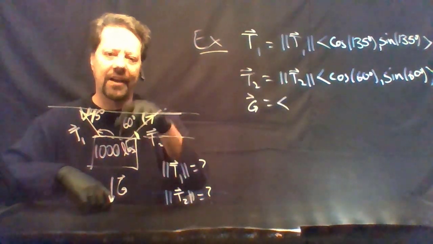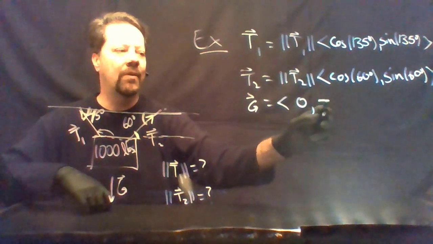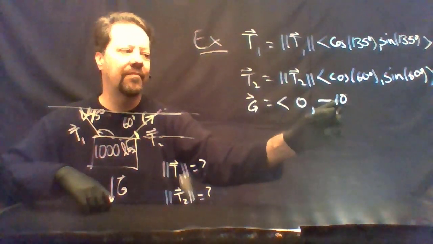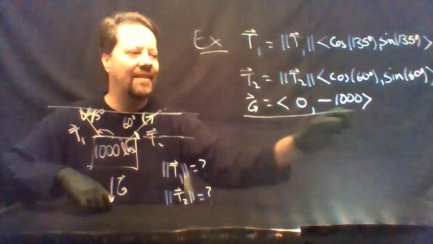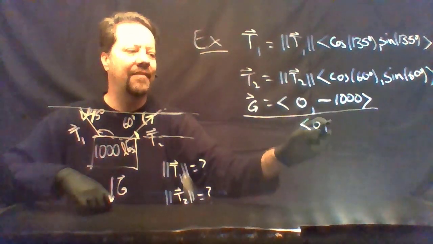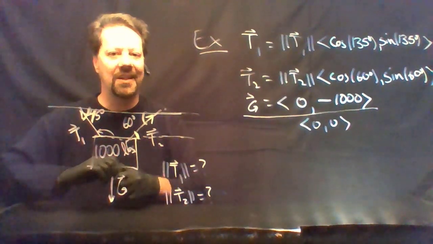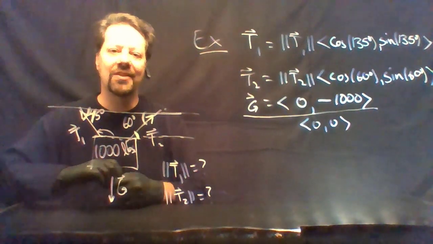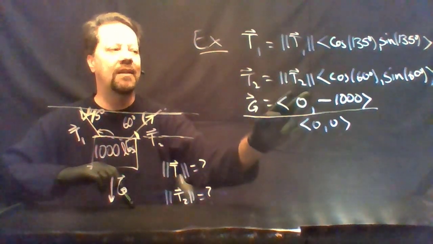The force of gravity operates straight down, so its x-coordinate is 0, and the y-coordinate must be negative. If we add all these up, they have to add up to 0 in the first coordinate and 0 in the second coordinate. That should give us two equations in the two unknowns, the norm of T1 and the norm of T2.